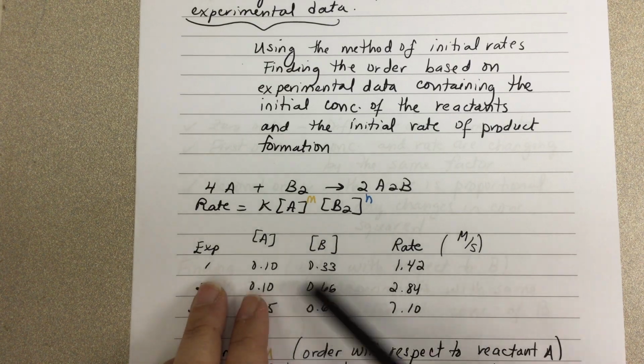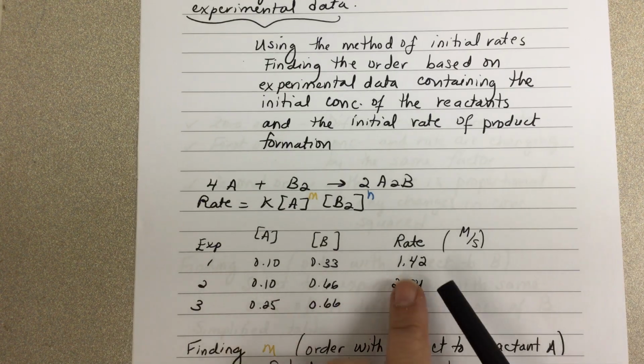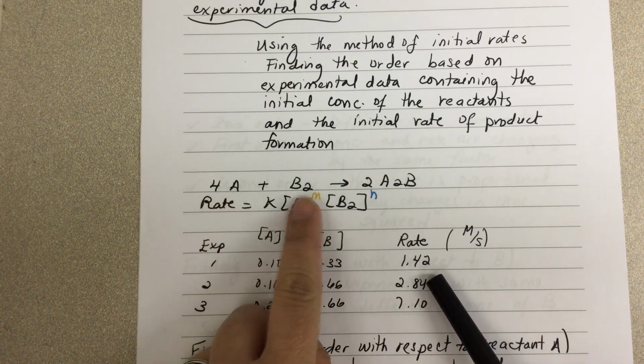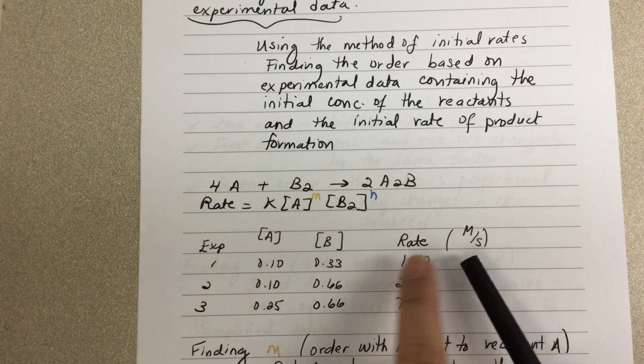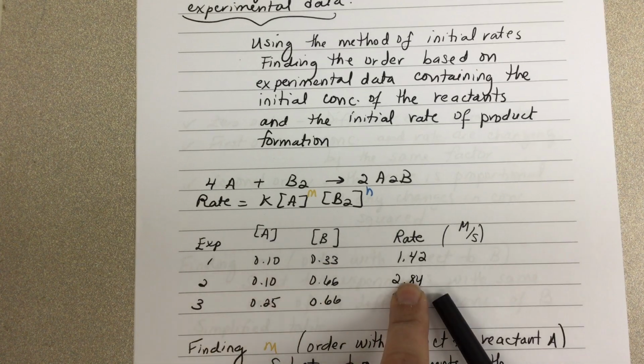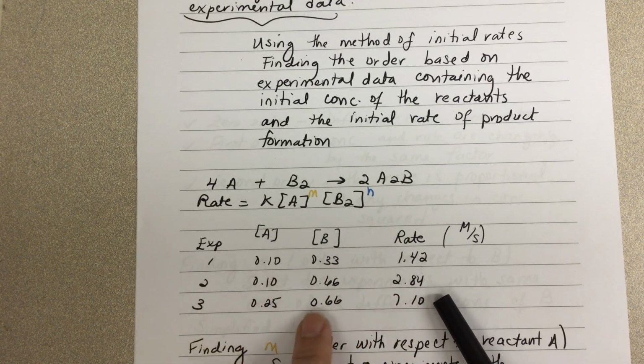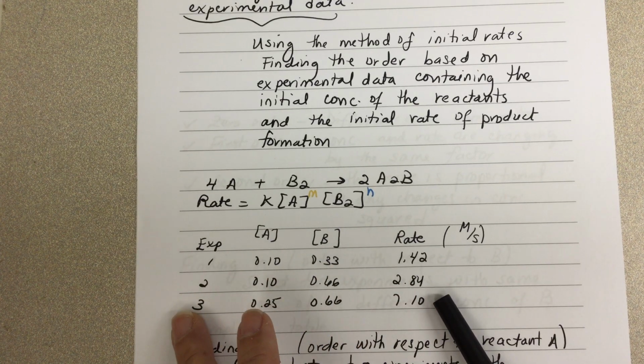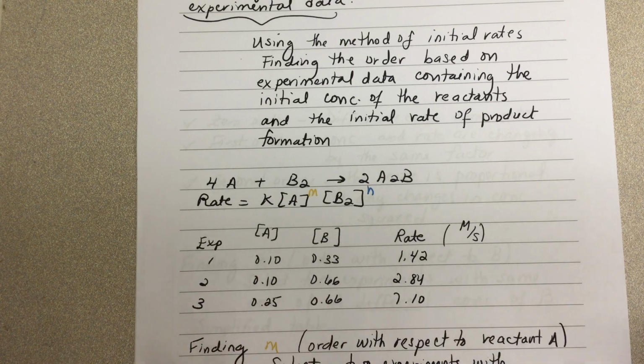So you have here an experiment, and you have concentration for your 2 reactants, and then you have the rate, concentration of your 2 reactants in experiment 2, and the rate, concentration of your reactants here in experiment 3, and the rate.